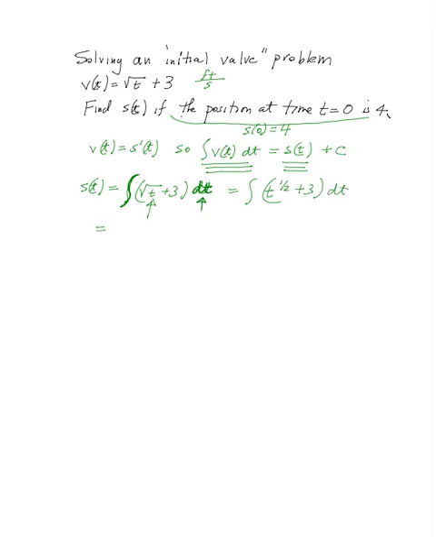Now, the antiderivative of t to the 1/2 is t to the 3/2 over 3/2. The antiderivative of 3 is just 3t. In other words, what do you differentiate to get 3? If the independent variable is t, it's 3t. And I've got plus a constant. To divide by 3/2 is to multiply by 2/3.